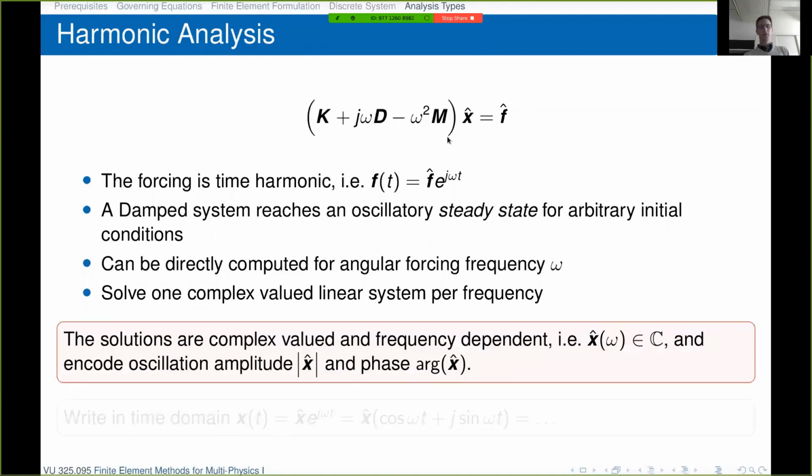So the solution, of course, will also be complex valued, and this complex valued solution actually encodes both the phase and the amplitude of the oscillation in the complex quantity.